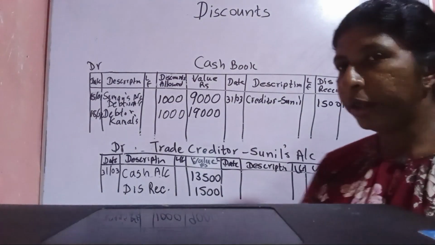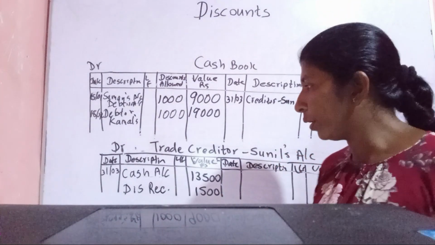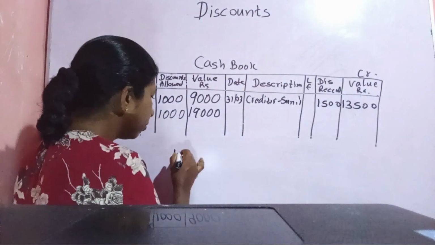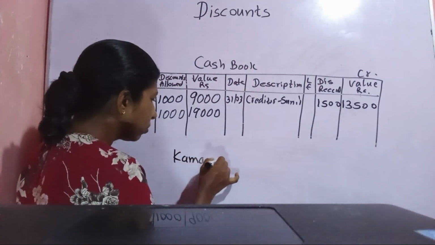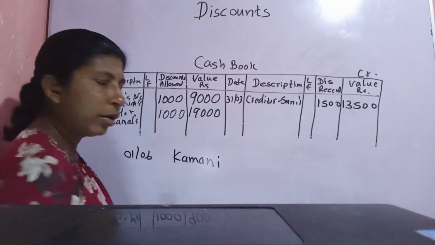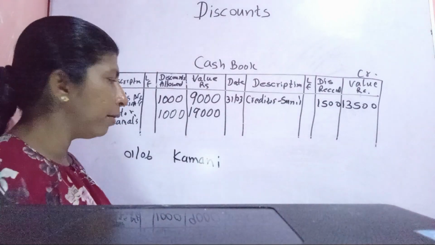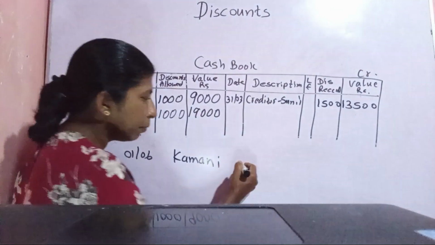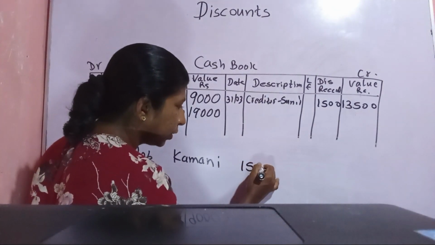Okay, I will take my next example. We have purchased goods from Kamani on 1st of June. Kamani has given us a credit period of 1 month, but this amount is 15,000.